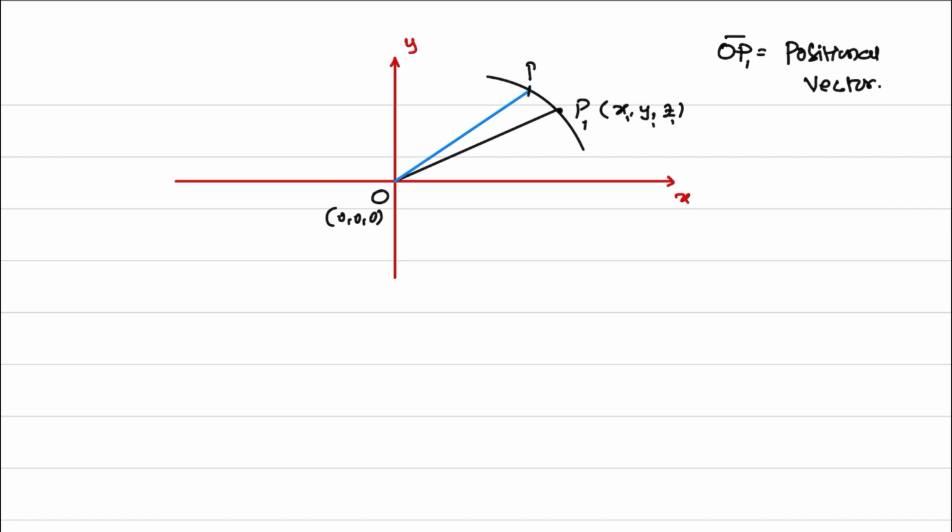This is position P2, OP2. This is the position vector of point P, this is point P1, this is the position vector of point P2.